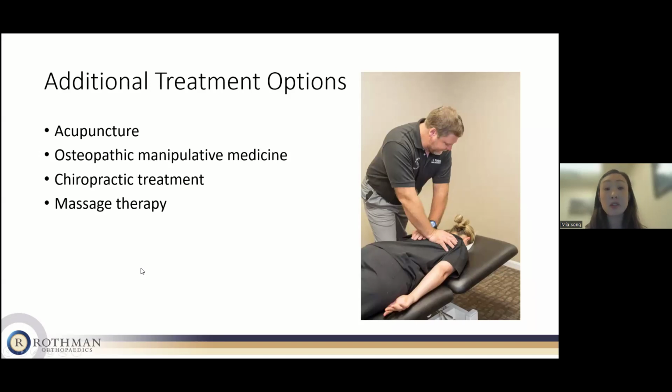Additional treatment options include things like acupuncture. It's one of the few things shown with research to be helpful for certain types of back pain. Then there's osteopathic manipulative medicine, which is hard to show you without showing you in person, but this is kind of like the picture on the right.